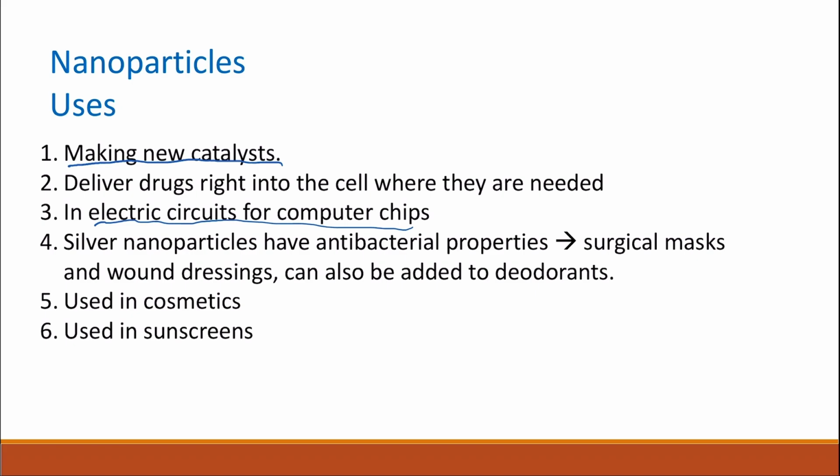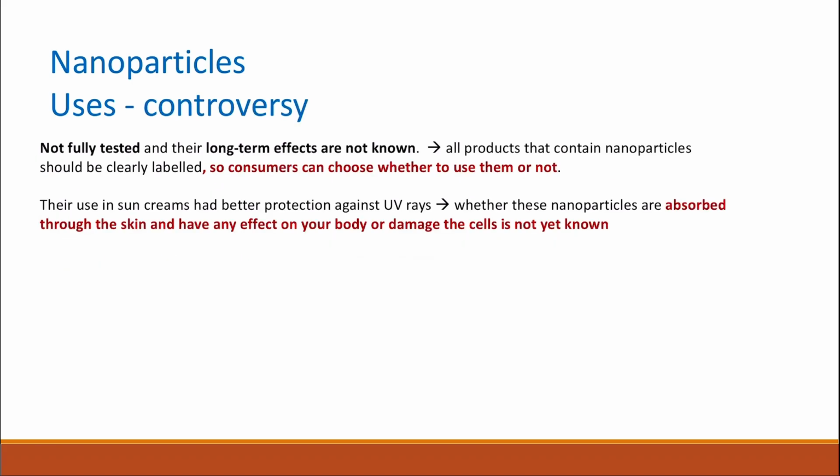Also, silver nanoparticles have antibacterial properties, so they can be added to polymer fibers, which are used to make surgical masks and wound dressings. They can also be added to deodorant because of their antibacterial properties. They can also be used in cosmetics and in sunscreens. The reason they can be used in sunscreens is that they were found to have better UV protection for the skin than the traditional sun creams.